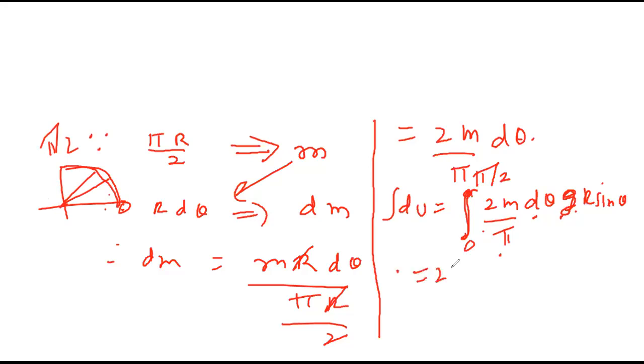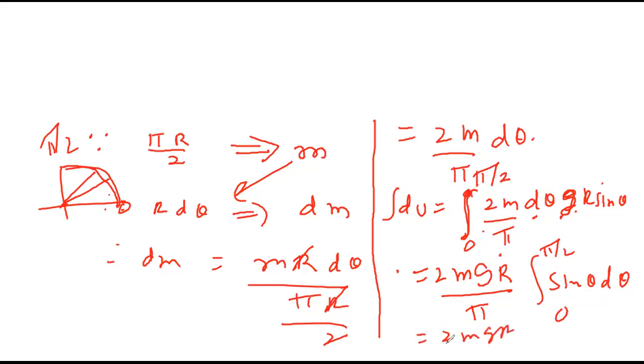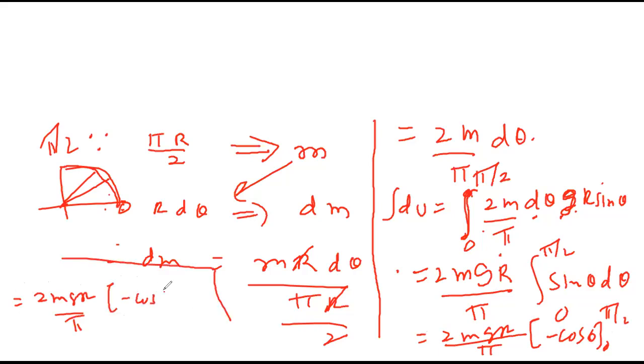Now 2 is constant, m is constant, g is constant, r is constant, pi is constant. So inside we get sin theta d theta from 0 to pi by 2. That is minus cos theta from 0 to pi by 2. So 2m g r by pi times minus cos of pi by 2 minus minus plus cos 0.